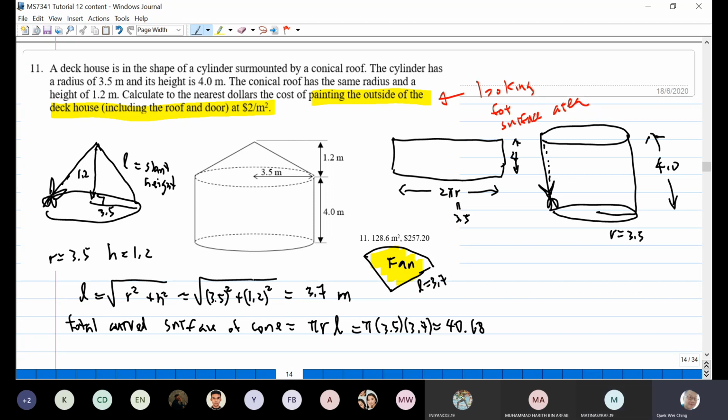Okay, so the area of this side, the curved area. So the total curved area of the cylinder, these are all the outside area, is equal to 2 pi r h, which is 2 pi times 3.5 times 4.